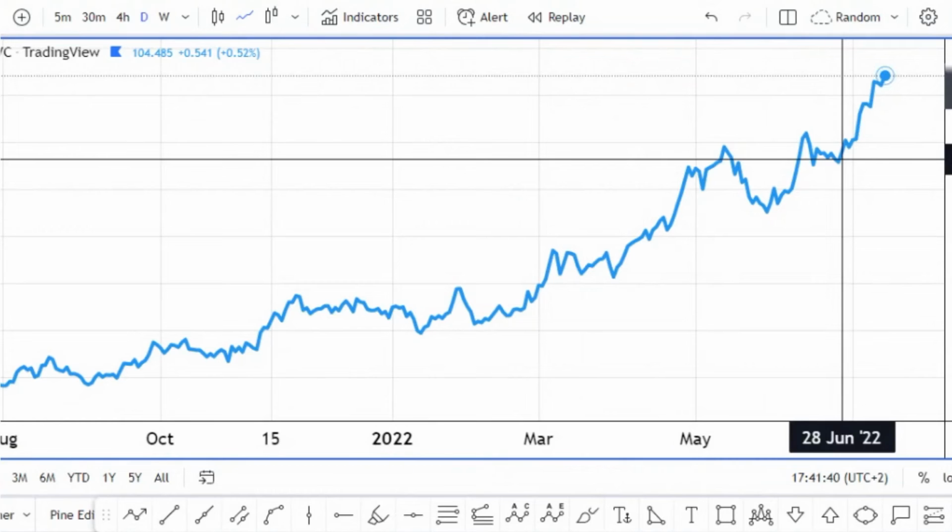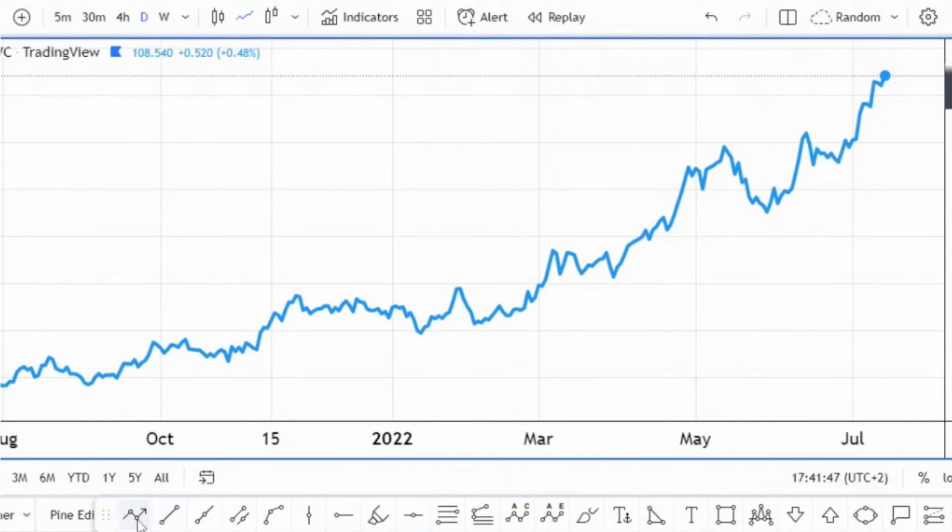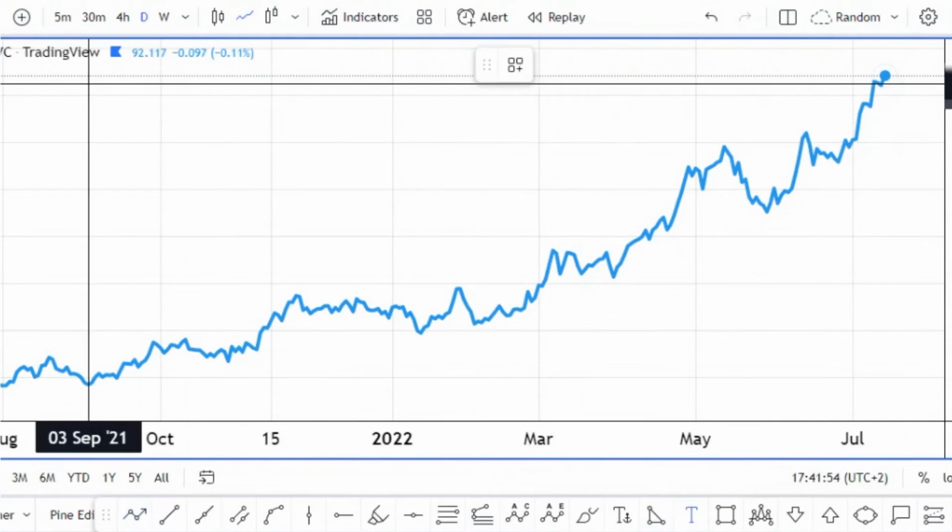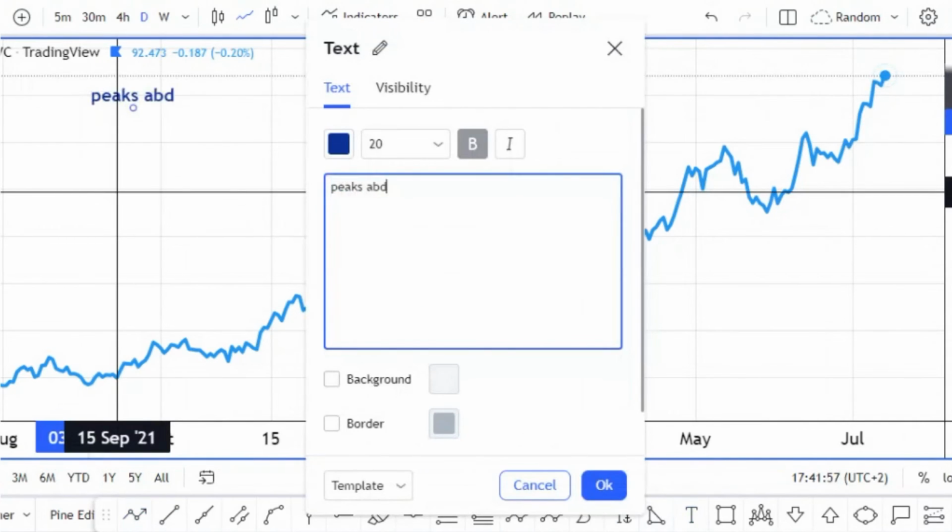However, we have another way to know whether this is an uptrend or a downtrend. Simply by drawing the peaks and the troughs, or highs and lows.